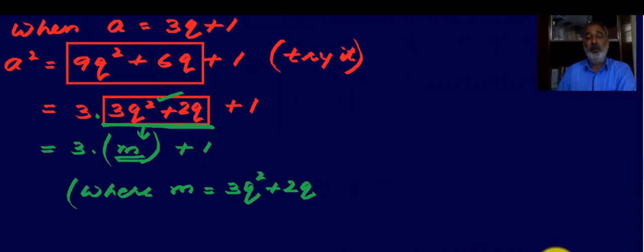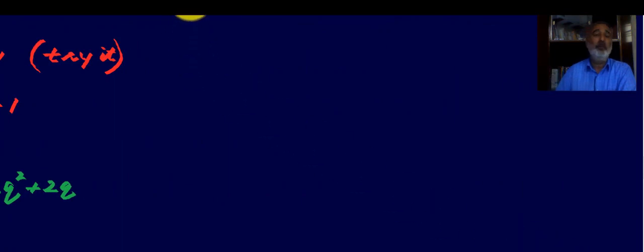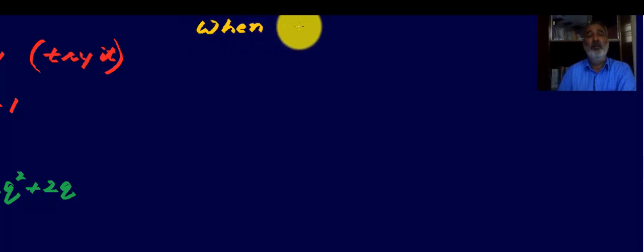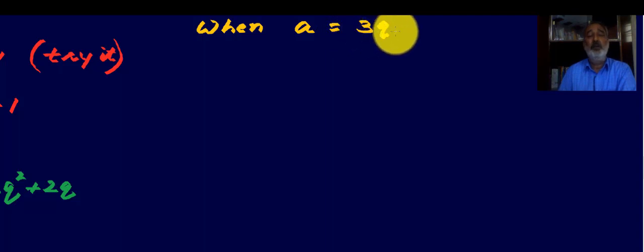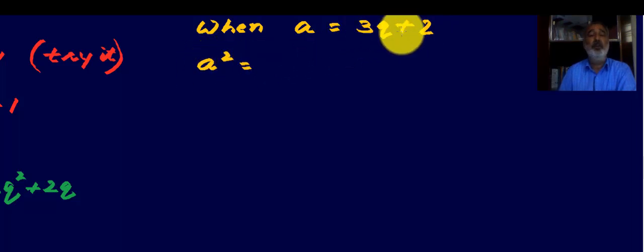Let's try the third type. When A is equal to, this is the third option, 3q plus 2, then what will be the value of A square? Can you expand this square?